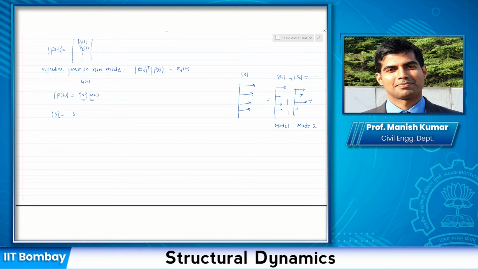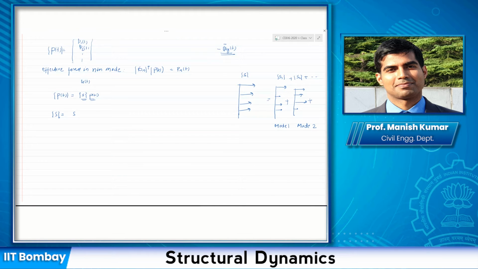And why are we doing this? Because if you remember, the seismic excitation has a property like this, where all the degrees of freedom are subjected to the same time variation of the force, which is u_g double dot (t). We will utilize this knowledge there, so just keep that in mind.